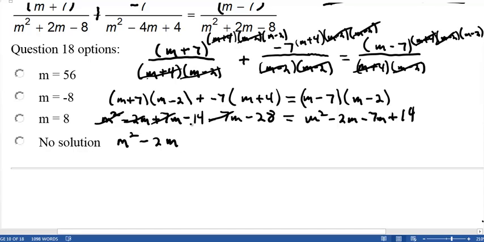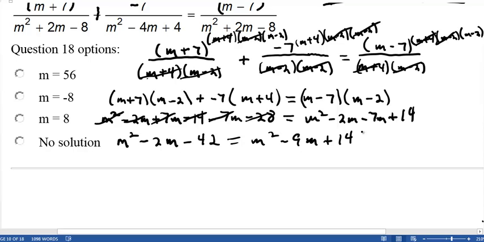And I have a negative 14 and a negative 28, which will give me a negative 42. Now I'm going to combine the terms on the right-hand side. So I have an m squared, a negative 9m, and a positive 14.